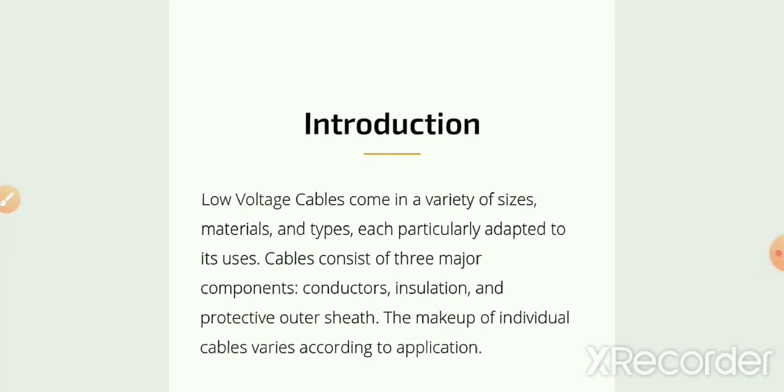Okay, so the manufacturing of low voltage cable depends on which type of cable we use, what the size of the conductor is, and which metal we use for manufacturing the cable.